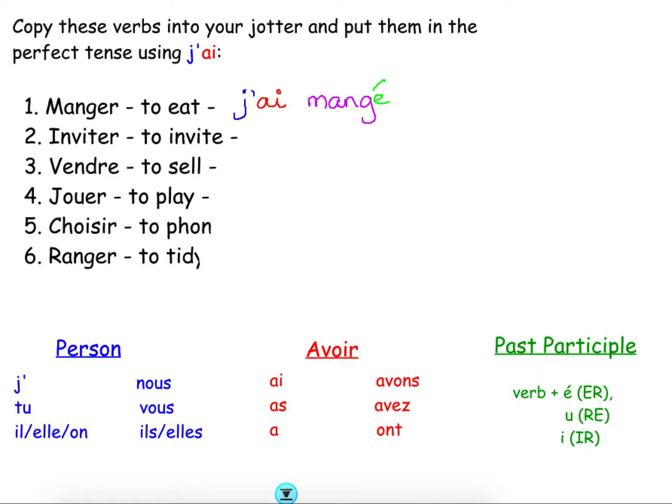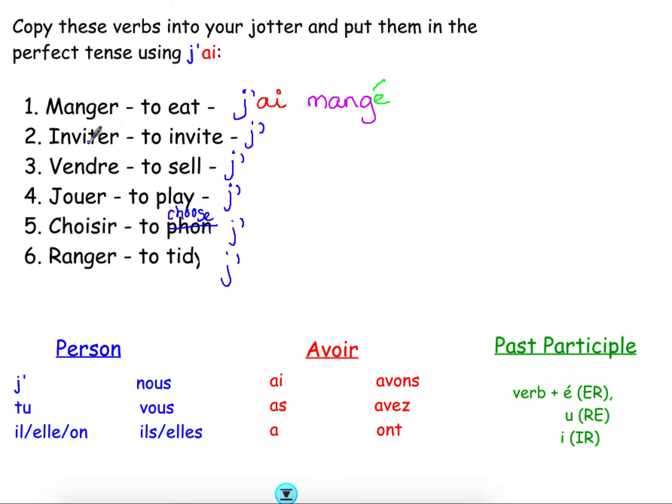Okay, so let's go over the answers for this. First of all, we know that all of these are going to start with je because that's what the question asks us to do. So we're going to put J apostrophe for all of these because we can't have 2 vowels together. Okay, just noticed a wee error here. Choisir means to choose. Okay, so just in case you get mixed up there.